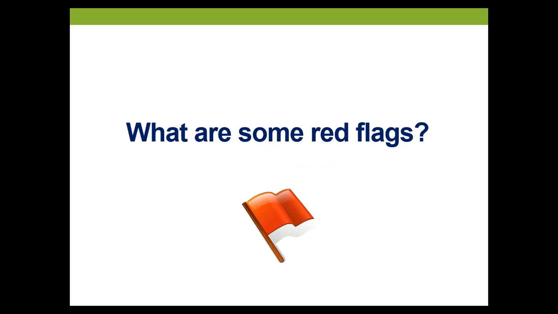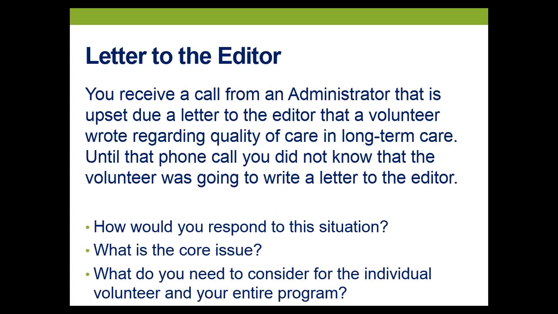They may be overly involved with residents and family members and blurring those boundaries of roles, overly involved with other volunteers. So for example, if you have a fantastic mentoring program, but instead of simply mentoring someone and modeling proper ombudsman advocacy and behavior, they start managing another volunteer, then their role is a little bit blurry and needs to be clarified. And then, of course, failure to submit reports. So those are some of the red flags to look for.